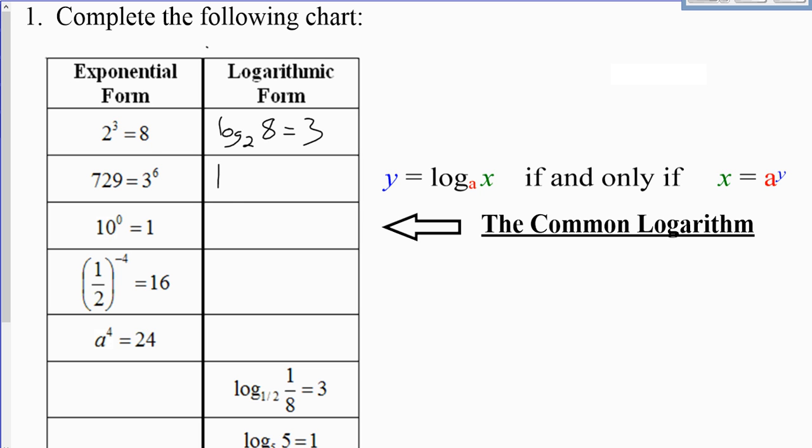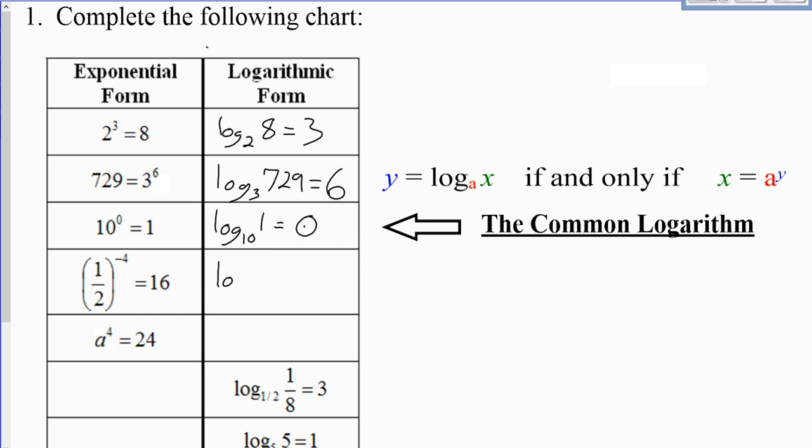So log base 3 of 729, our argument, is equal to your power, 6. Then here we have log base 10 of 1 is equal to 0, our exponent.